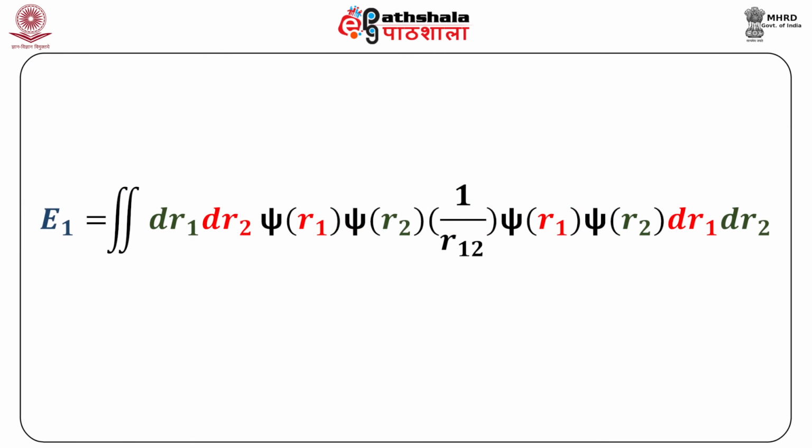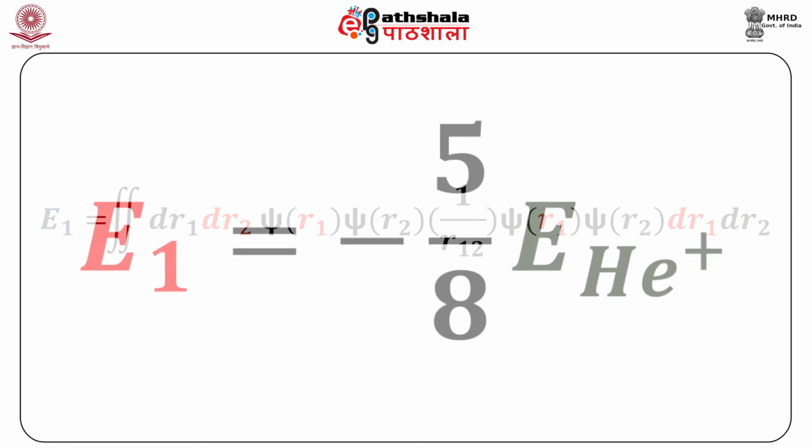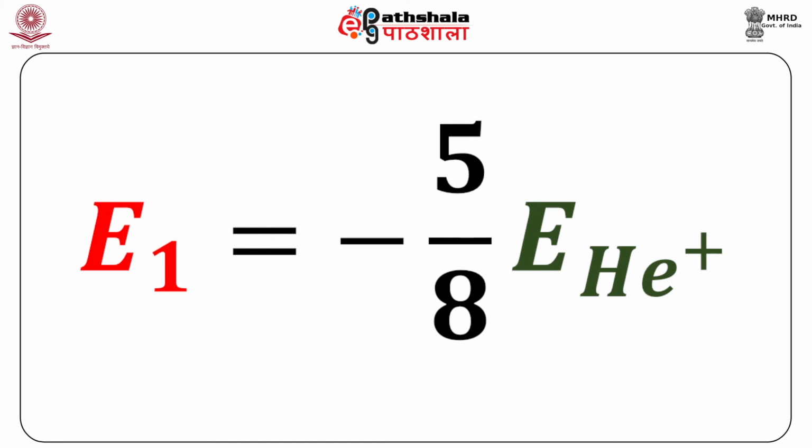Now if we substitute the corresponding values of psi 0 star, which would be the wave function for the helium atom without the interelectronic repulsion term, this equation on integration gives E1 equals 5 by 8 energy of helium ion.